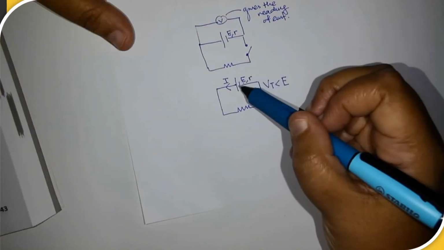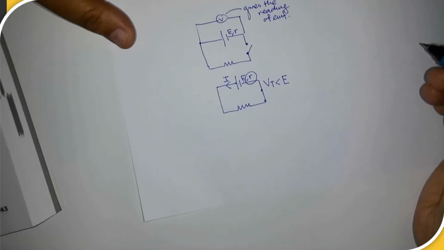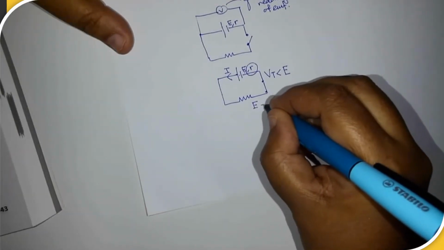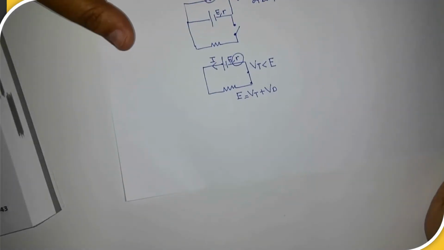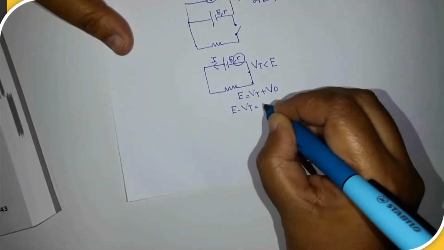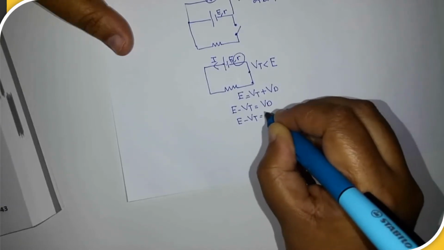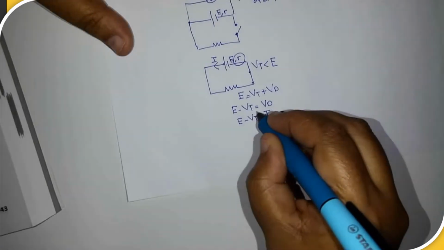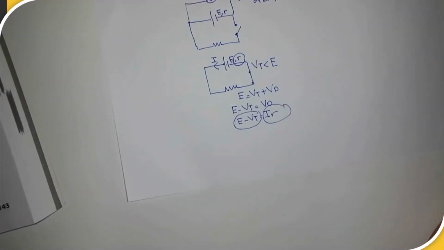Because there is a voltage drop inside the battery due to the internal resistance. So E is equal to Vt plus Vd. If I take E minus Vt, I will get Vd. So E minus Vt is equal to I times r. The voltage drop will be Ir.